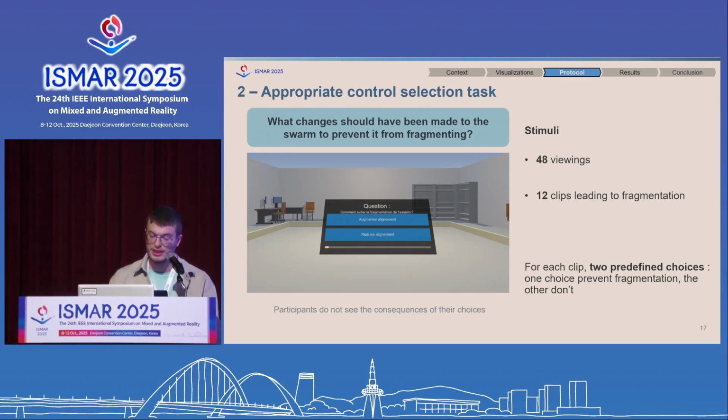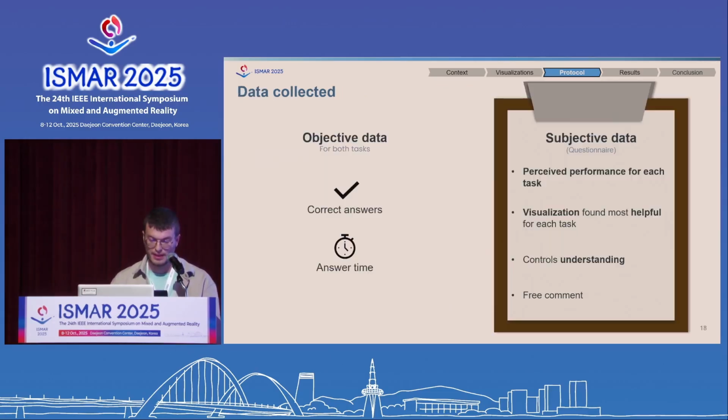But in all these tasks, they do not see the consequences of their choices. They can't learn from their action. In these 2 tasks, we gather correct answers and answer time, and during the questionnaire, we also collect some subjective data, and notably, we retrieve their opinion on which visualization they found the most helpful for each task.